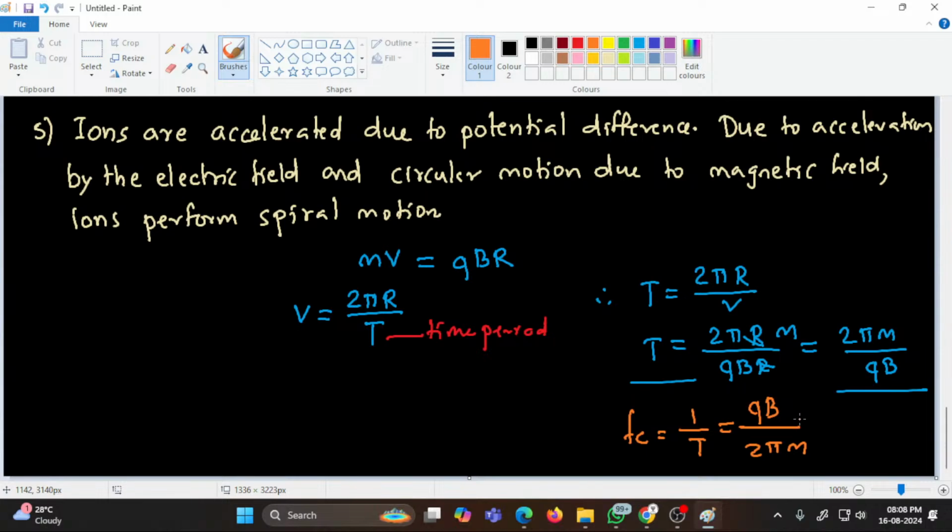The ions move in circular path with successively larger and larger radius to a maximum radius at which they are deflected by a magnetic field so that they can be extracted through the exit slit. So we can write this for limiting condition.